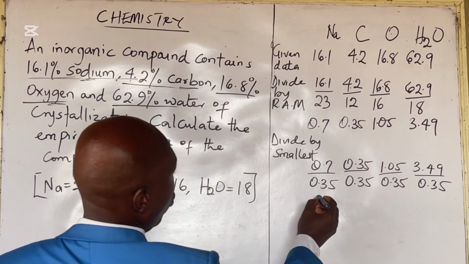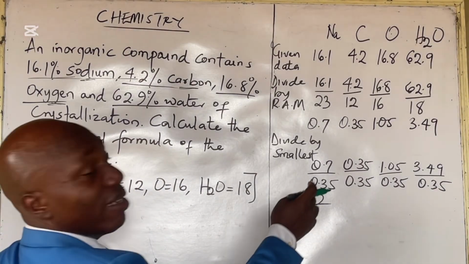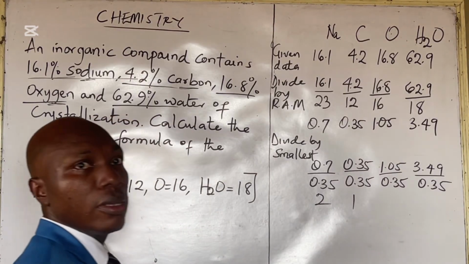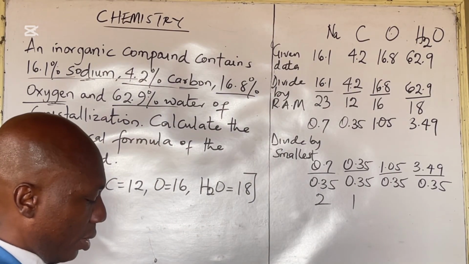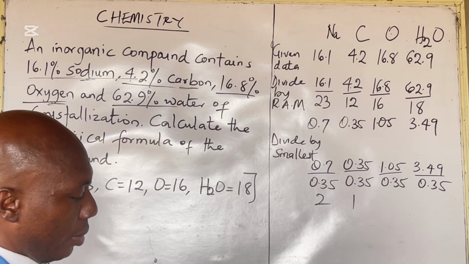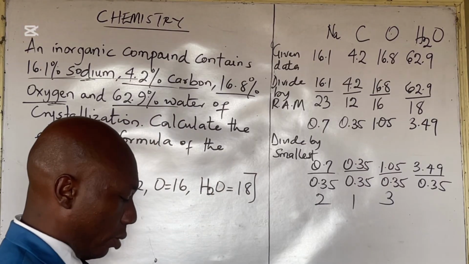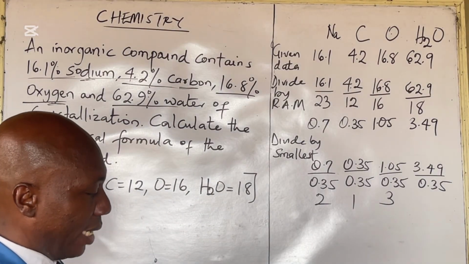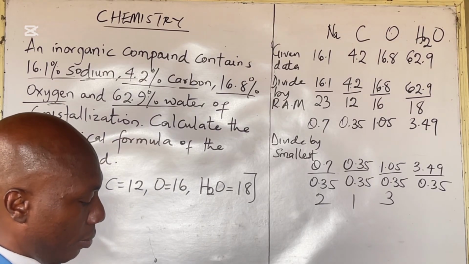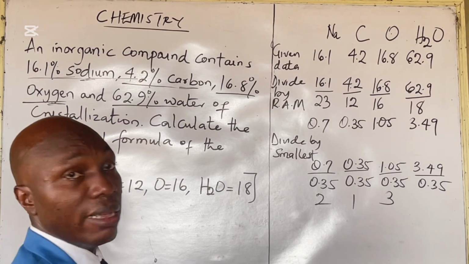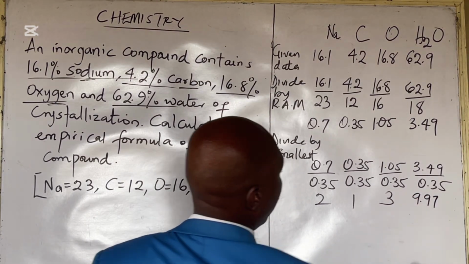So when we divide very well, 0.7 divided by 0.35 is 2. The next one, 0.35 divided by 0.35, that's 1. 1.05 divided by 0.35 is 3. And the last one, 3.49 divided by 0.35 is 9.97.